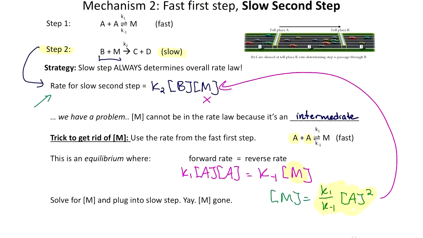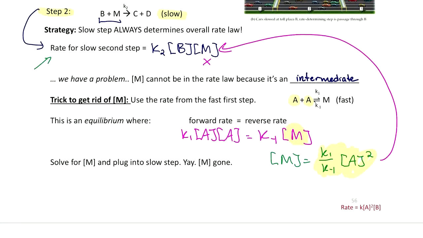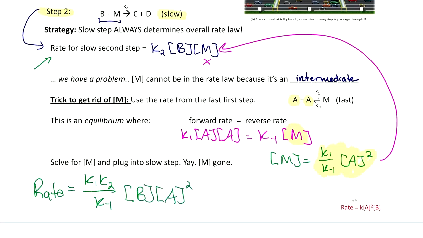And so the beautiful thing that happens here is now I can replace M with this factor of A concentration squared, and now I have a rate law that has no intermediates in it. So I'm going to combine those K's together. So K1, K2 over K negative 1 times B concentration, A concentration squared.